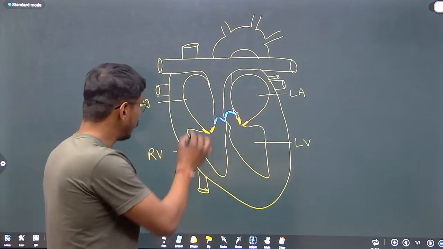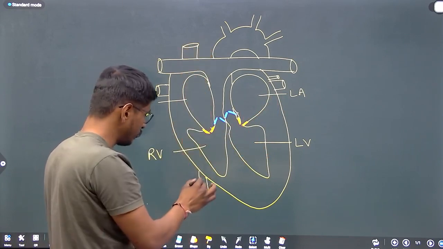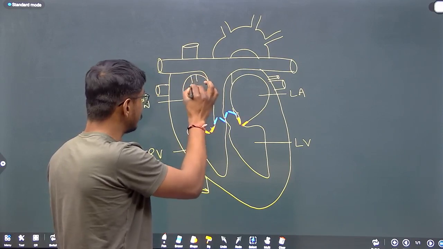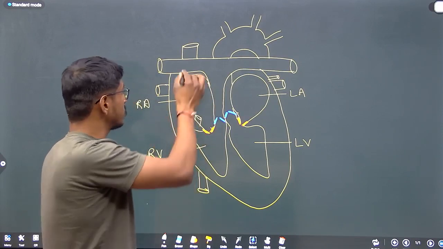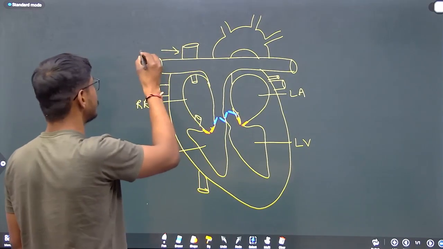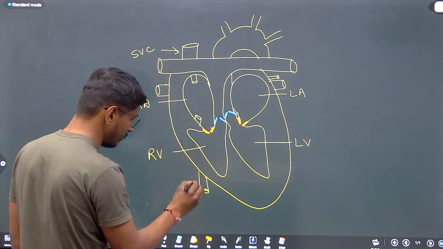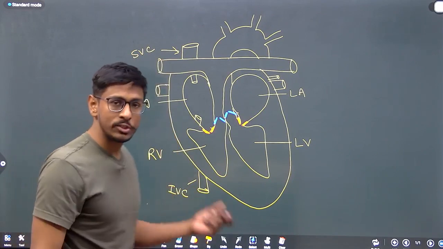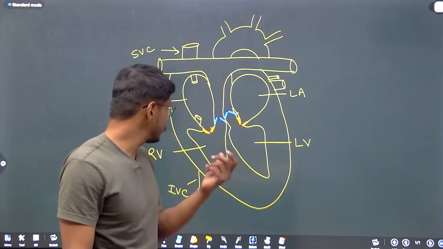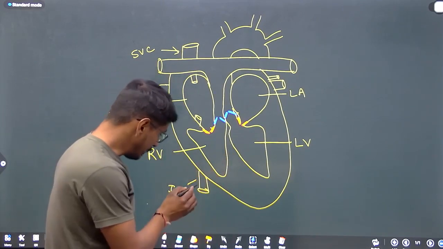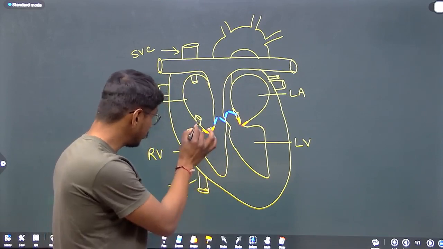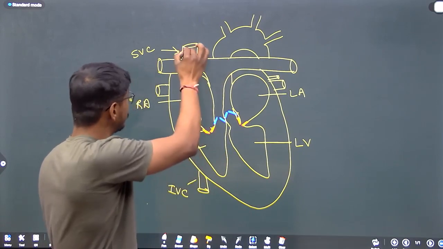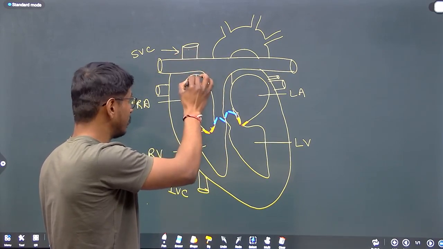Now we have two veins which are connected to this right atrium. This one we call the superior vena cava, and this is the inferior vena cava. So this is the nomenclature of the veins that we are using right now. This vein is opening into the right atrium, and this vein is opening into the right atrium also.